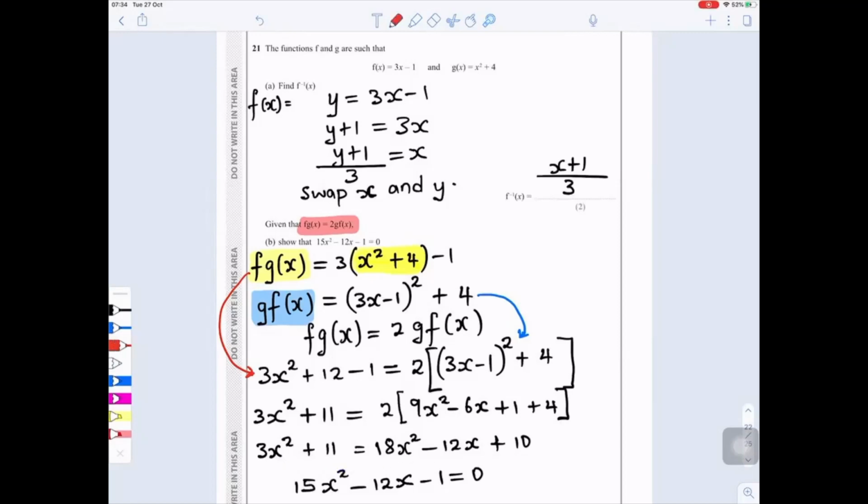So the 3x squared can go to this side, and the 11 can go to that side. So what you have is 18x squared minus 3x squared is 15x squared, and there's minus 12x. And then 10 minus 11 gives you minus 1. And that equals 0. And that is what you are required to show.